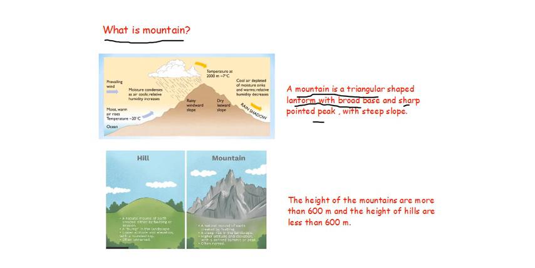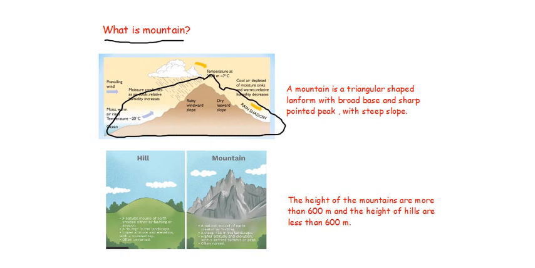So you can imagine the shape of a triangle which is similar to the shape of the mountain, as you can see in this particular picture, that this particular relief feature which is called mountain, it roughly looks like a triangle that have a broad base, pointed peak and steep side slopes.